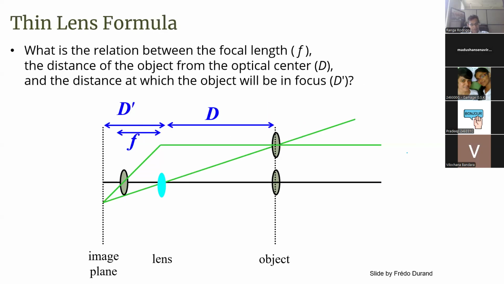Okay, we'll briefly look at the thin lens formula, which we have done. What is the relation between the focal length, the distance of the object from the optical center, and the distance at which the object will be in focus, d prime? So this is the image plane, this is the lens, this is the object.